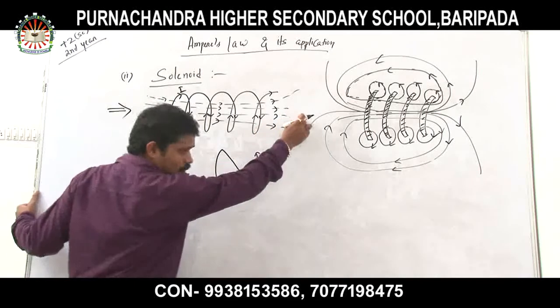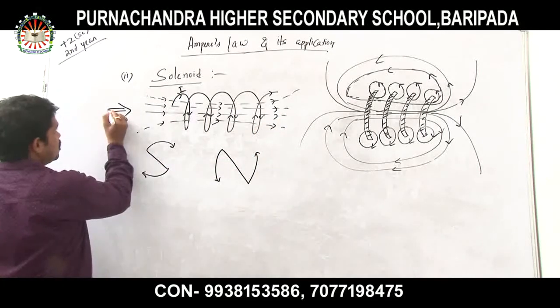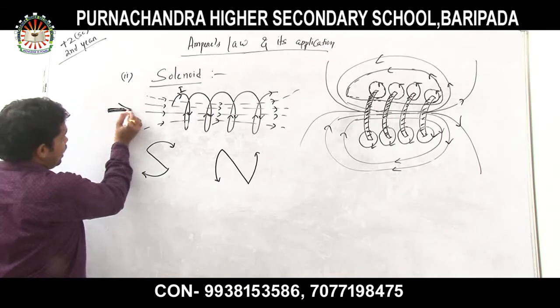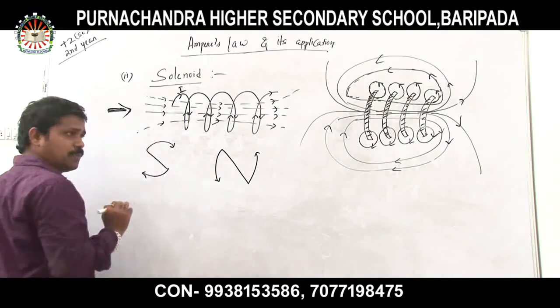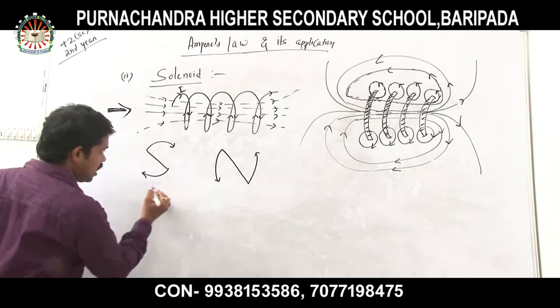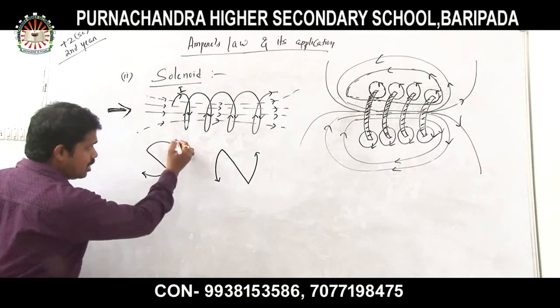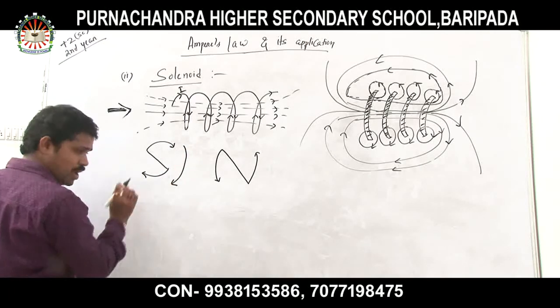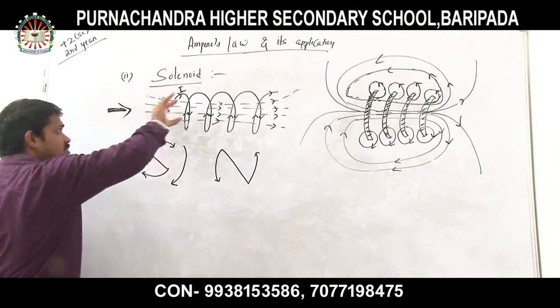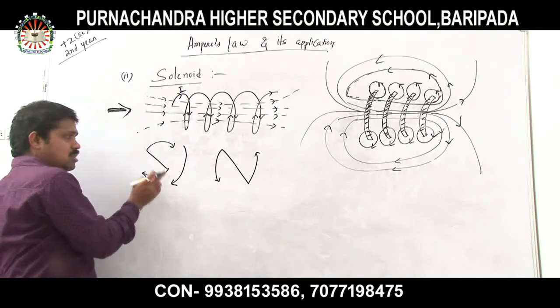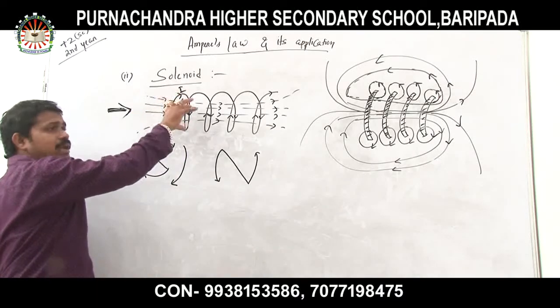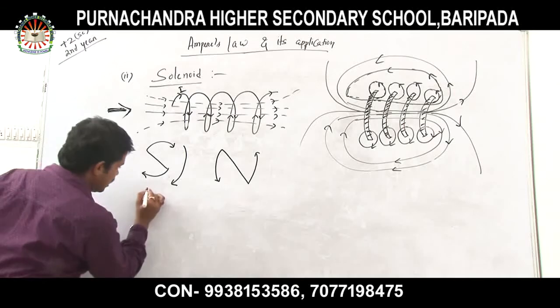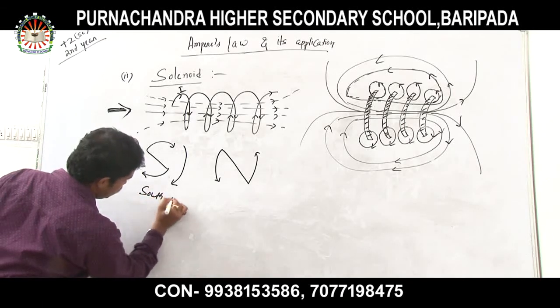You can also look at it from here, it is up to you. Suppose I am looking at one end of the solenoid. If the current flows in the clockwise direction, this is your clockwise direction, then I will assume this side as which pole? South pole.